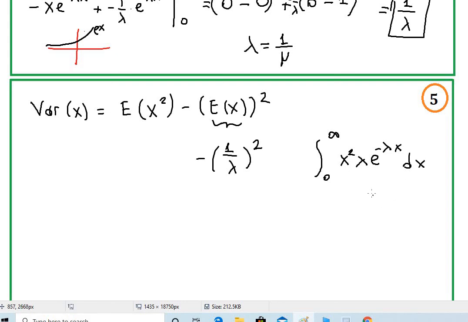And this is a little bit of a tedious integration by parts, done twice. I did it here on my paper, and you obtain 2 over lambda squared. If you have any questions about how to do integration by parts twice, please write in the comments.